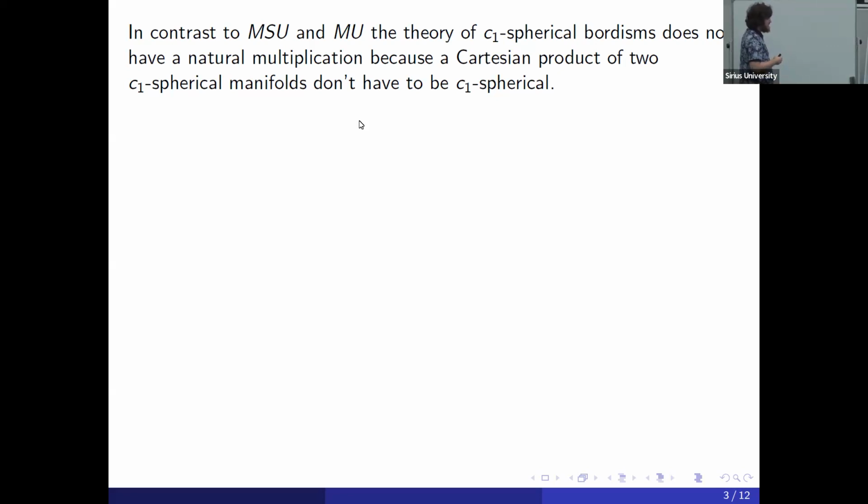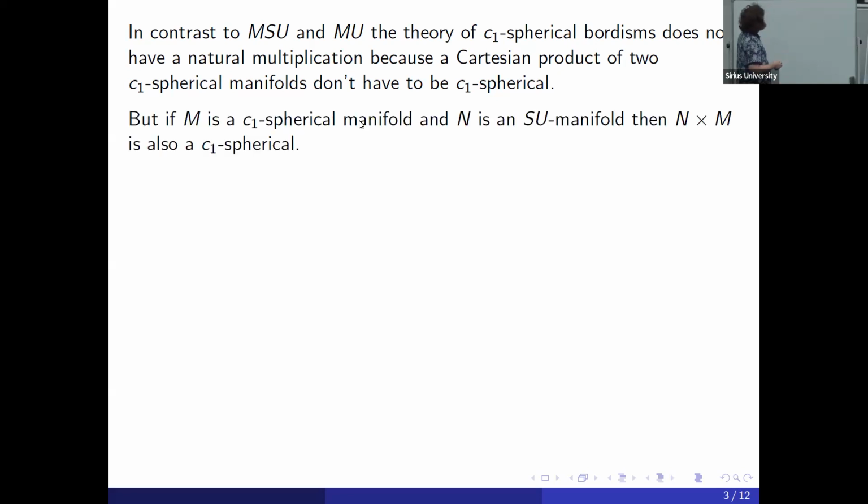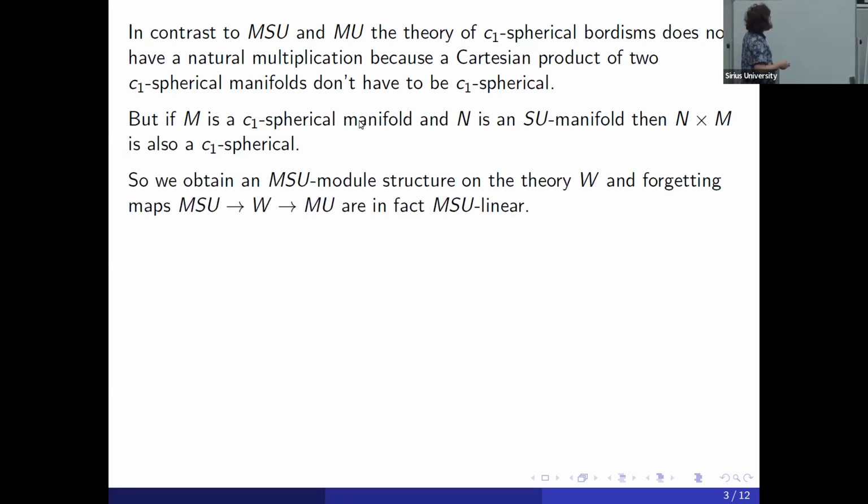For example, the Cartesian product of CP1 and CP1 is not c₁-spherical. But if we have a c₁-spherical manifold and an SU manifold, then their direct product is also c₁-spherical. So we have an MSU-module structure on our theory W, and the forgetting maps are in fact MSU-linear.